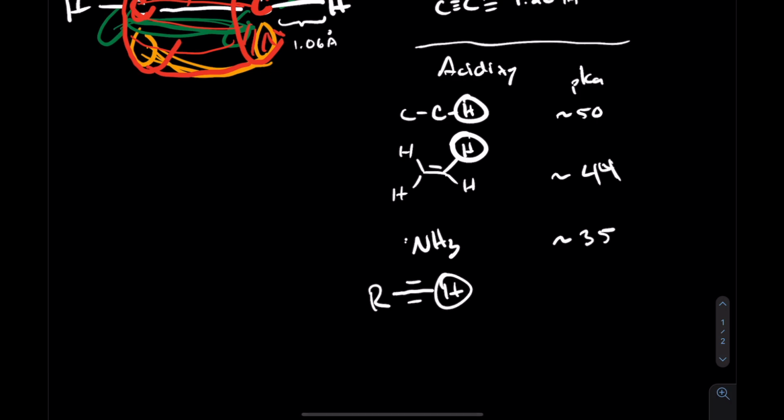And these protons right here have a pKa of about 25. So what does that mean? A pKa of 25 means that you can probably deprotonate that with regular bases. You can deprotonate it with the lithiated strong bases that we discussed in the prior chapter.